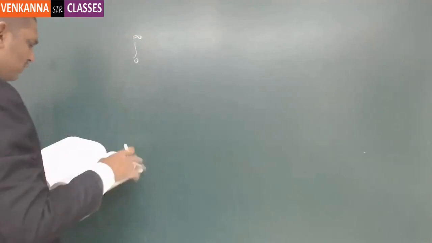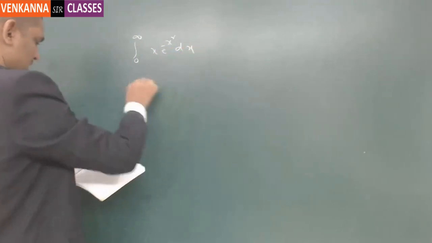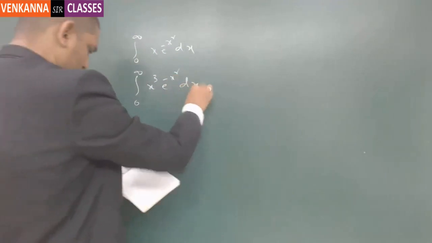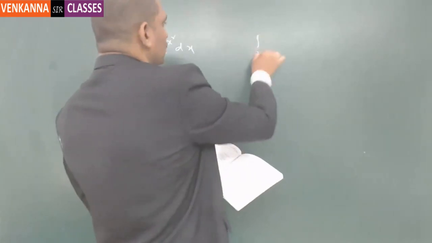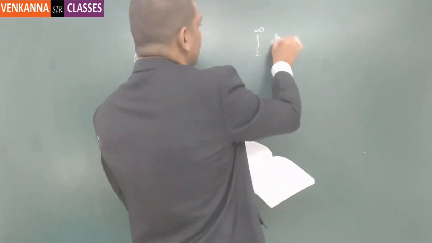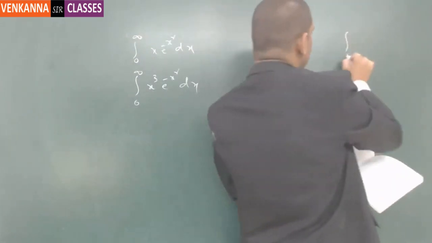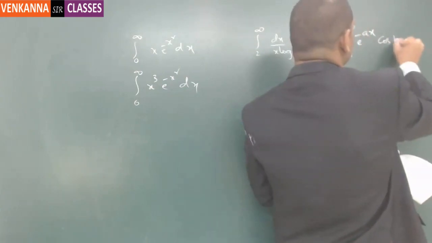So one problem is, let us take integral 0 to infinity x into e power minus x square dx, integral 0 to infinity x cube into e power minus x square dx, and one problem you can take integral 2 to infinity dx by x log x, and integral 0 to infinity e power minus ax into cos bx dx.